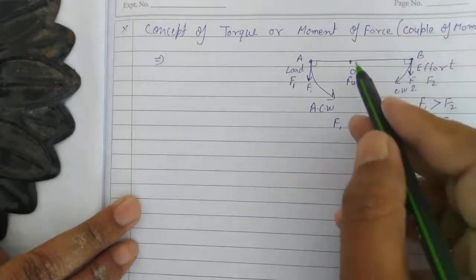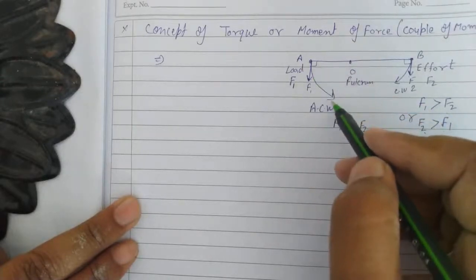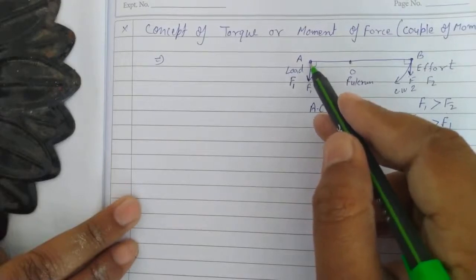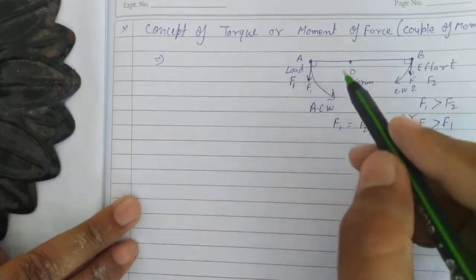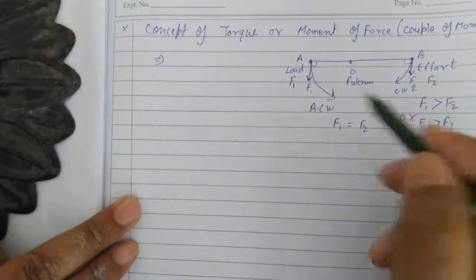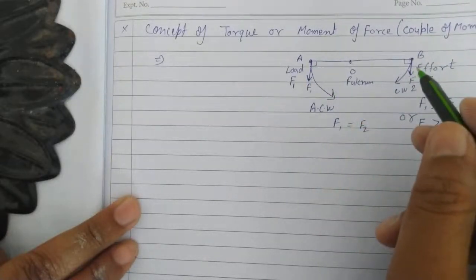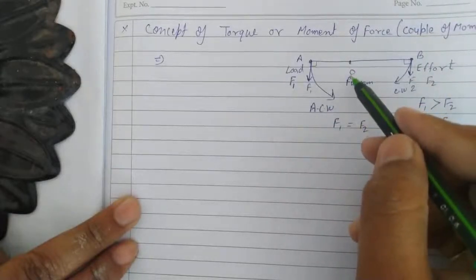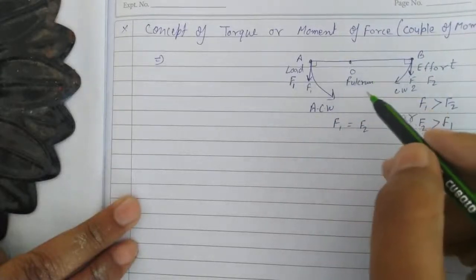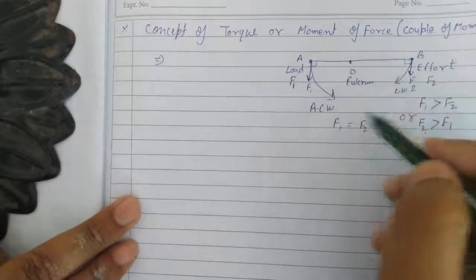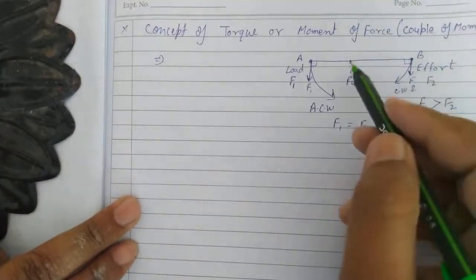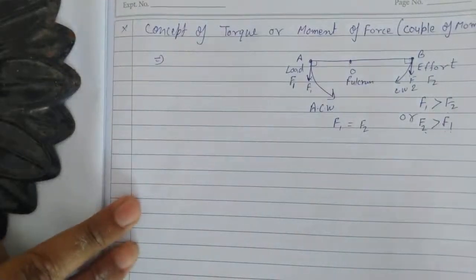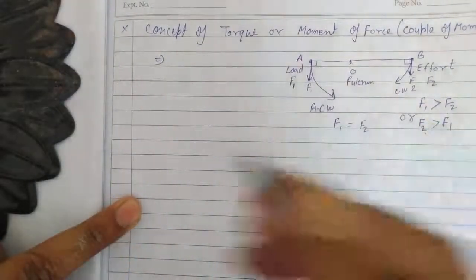That is, if the force applied at point A or B is a little bit larger than the other, then the body is rotated around this point O. So this gives an idea of turning about the distance from O.